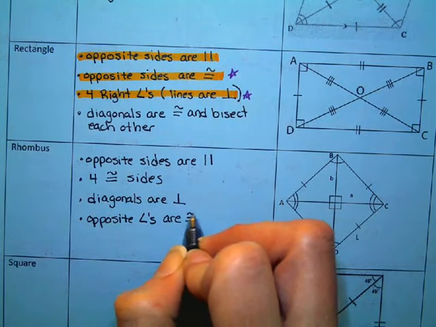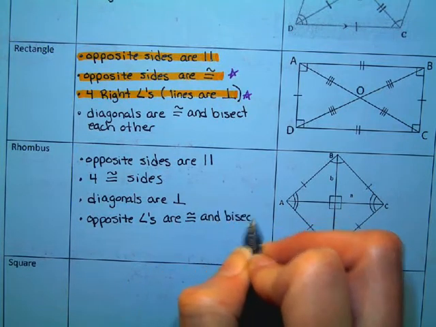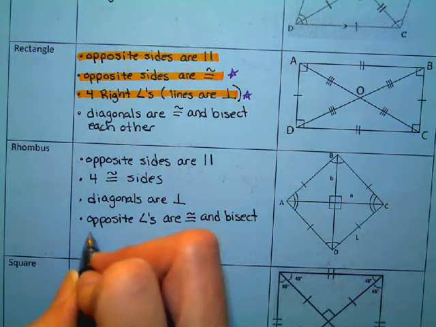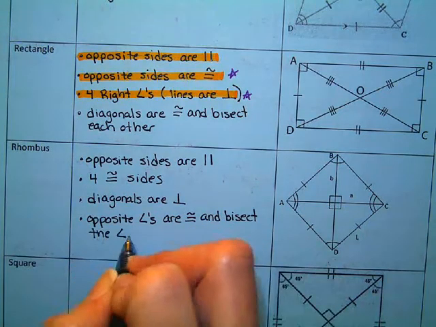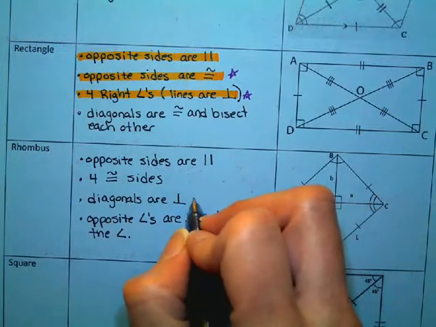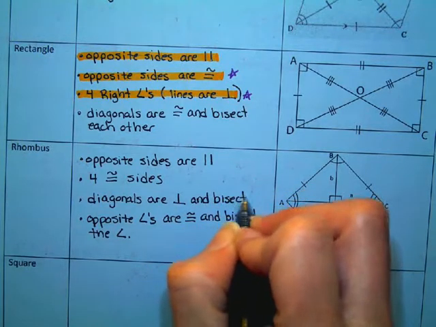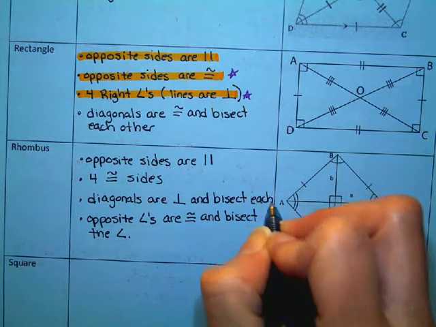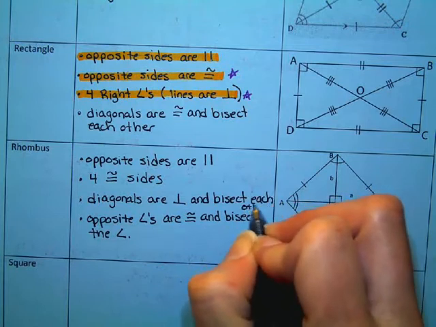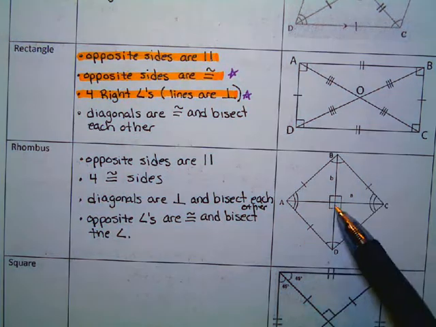And diagonals bisect the angle. Diagonals are not only perpendicular, but they do bisect each other. And then I ran out of room. So, congruent sides, perpendicular diagonals, opposite angles.